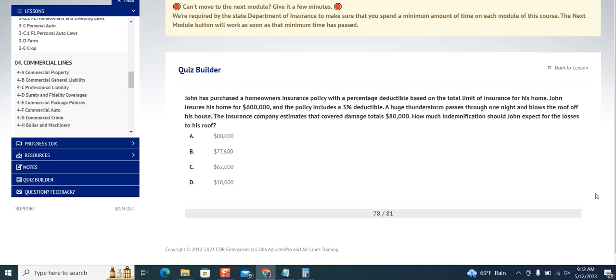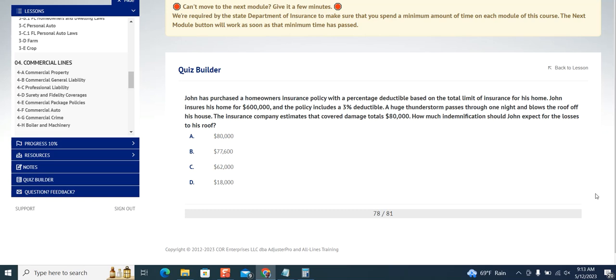Okay, moving along. John purchases a homeowner's insurance policy with a percentage deductible based on the total limit of insurance for his home. John insures his home for $600,000, and the policy includes a 3% deductible. A huge thunderstorm passes through at night and blows the roof off his house. The insurance company estimates that the covered damage costs $80,000.